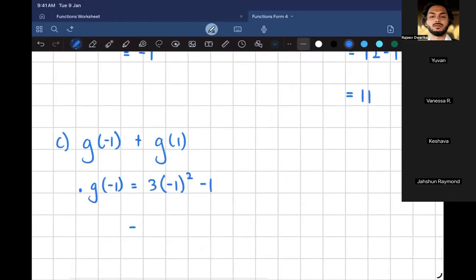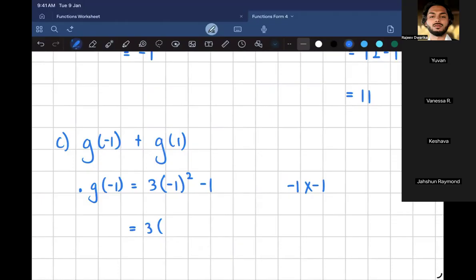What is minus 1 squared? If I have squared, that means I'm multiplying something by itself. So minus 1 squared is minus 1 by minus 1. First things first, a negative and a negative is positive.